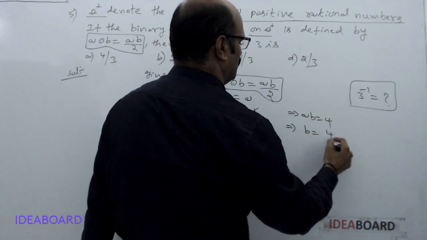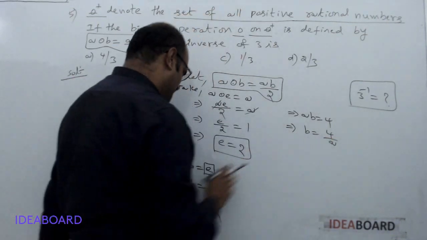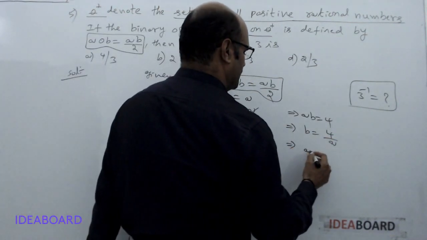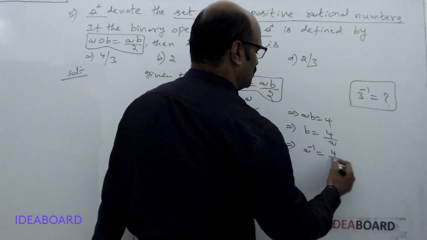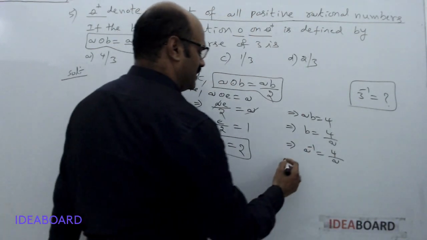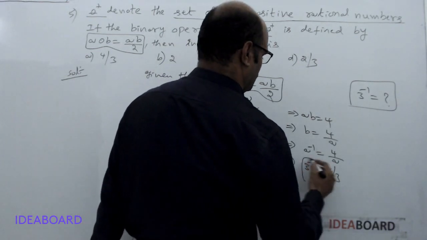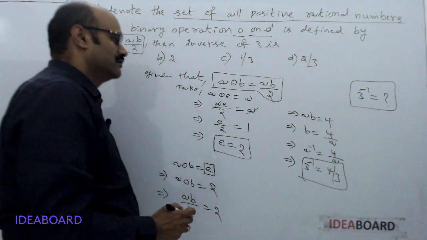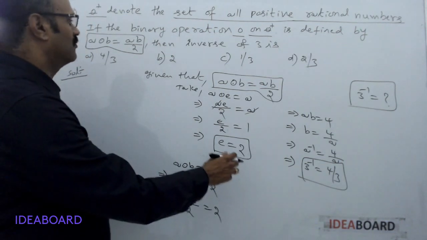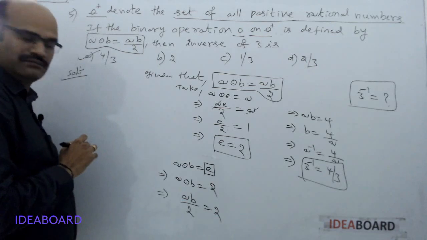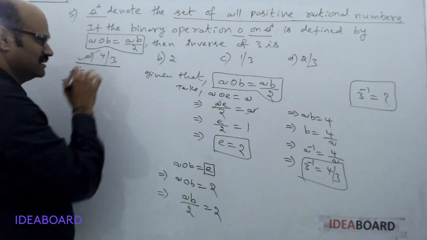It implies B equal to 4 by A. B is nothing but inverse of A. It's denoted by like this A inverse. A inverse equal to 4 by A. It implies 3 inverse equal to 4 by 3. Now, inverse of 3 equal to 4 by 3 is there here. So, option A is the correct answer.